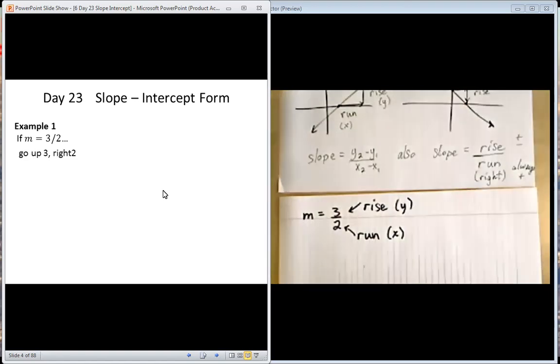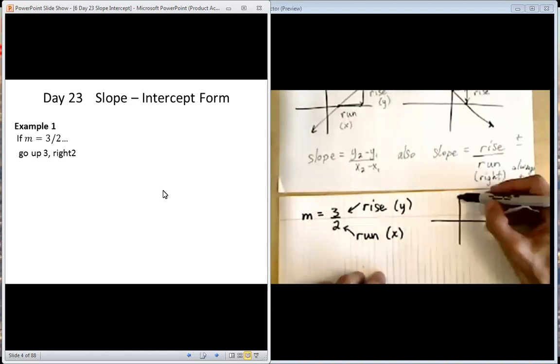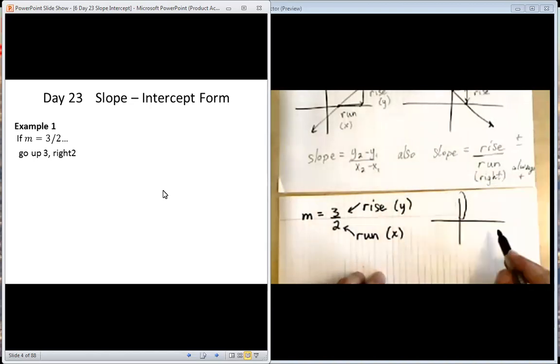So what does it mean? We saw before, when it's positive in the y direction, it goes up. And when it's positive in the x direction, it goes to the right. So positive in the y direction means we're going up in this part. And then positive in the x means we're going over here.